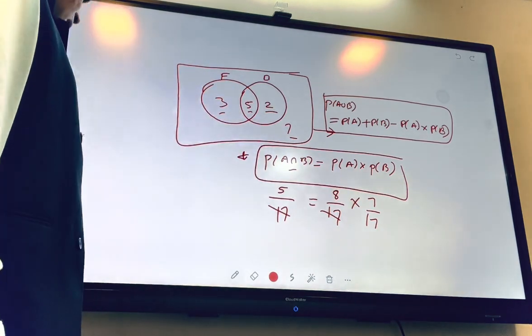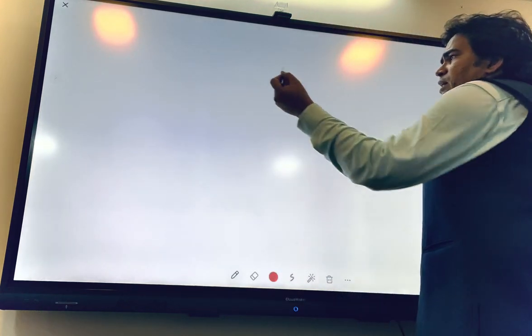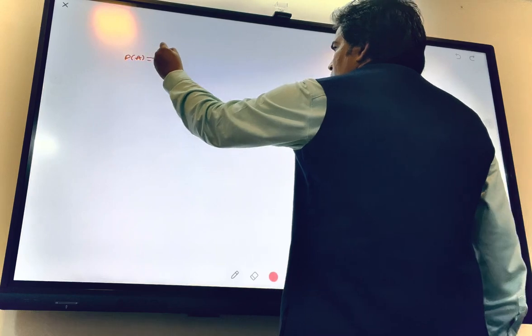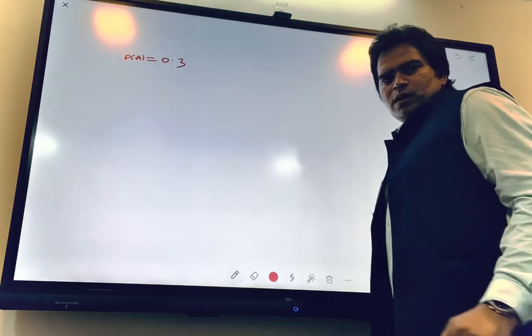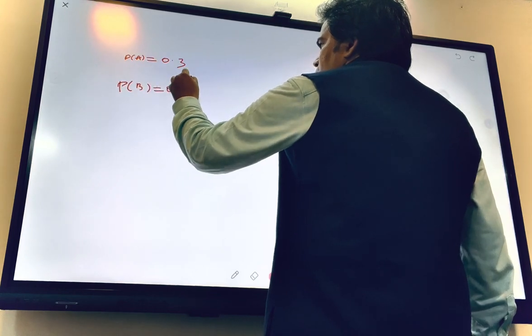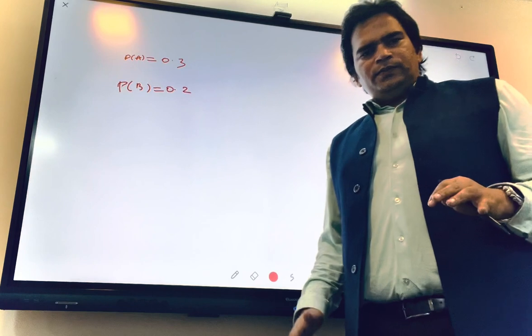So let me just give an example now. Now consider that there are two sets. So probability of A is, let's say, 0.3. Probability of B is, let's say, 0.2. It is given that these two events are independent.